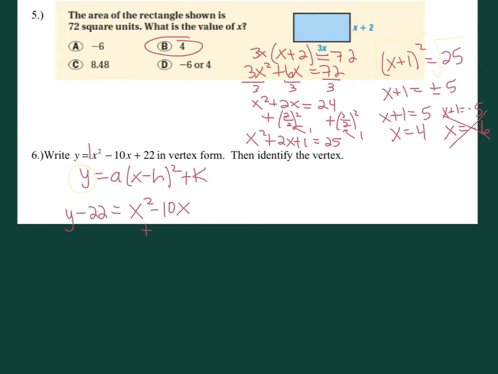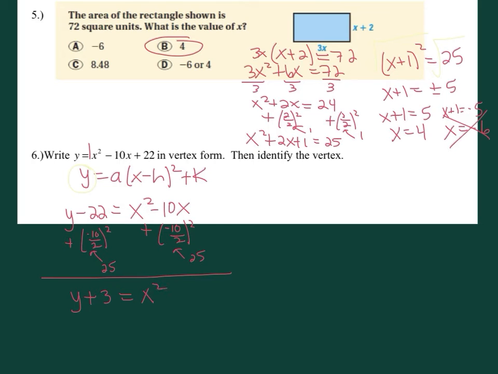Then I'm going to take half of the coefficient of x, square it, and add it to both sides. Well, half of negative 10 is negative 5, squared is 25. So I'm really just adding 25 to both sides. So y, negative 22 plus 25 is positive 3.